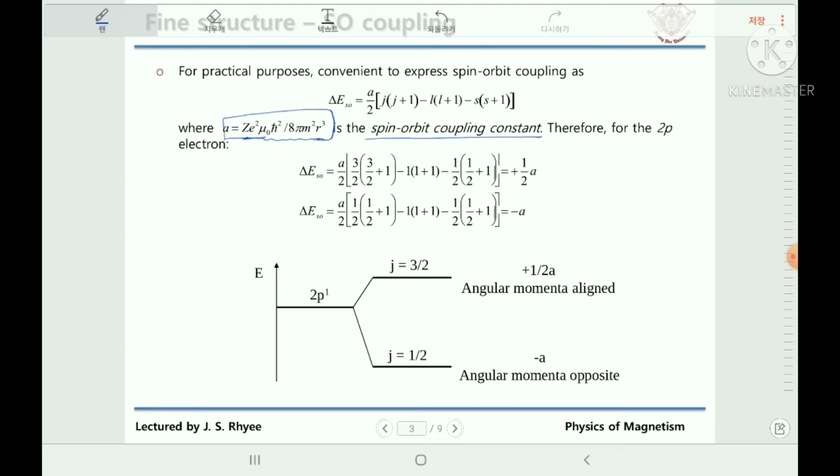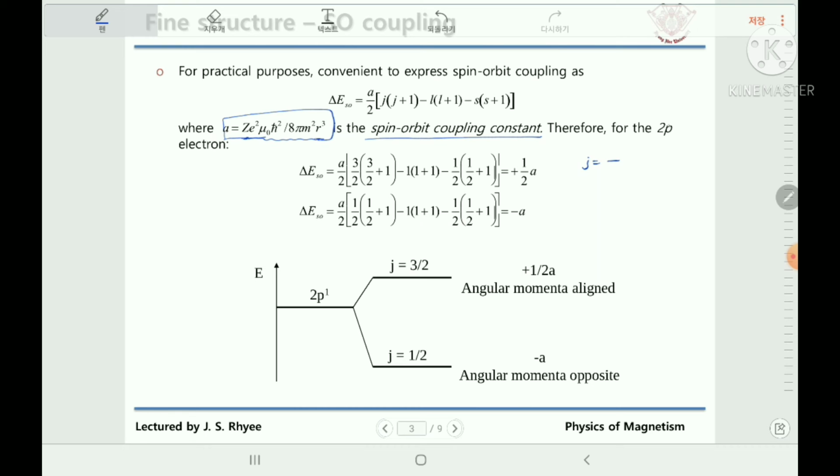Therefore, strong spin-orbit coupling is observed in heavy elements like lead, bismuth, or the rare earth materials. The heavy elements have very strong spin-orbit coupling. In this case, we can think about J as having spin up or spin down.